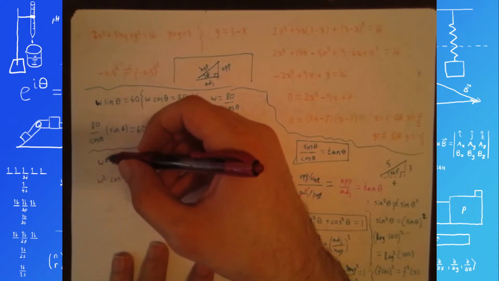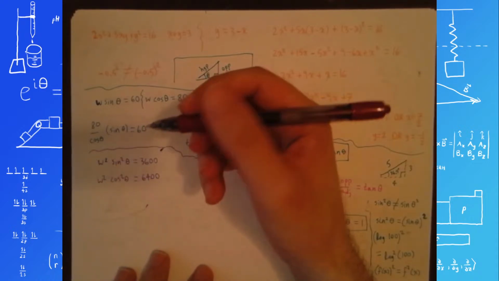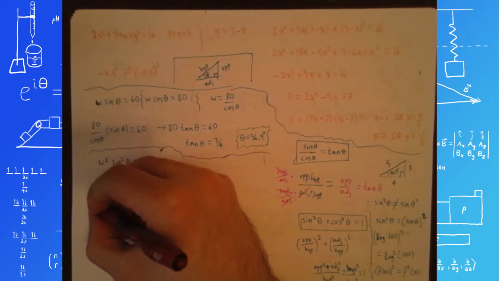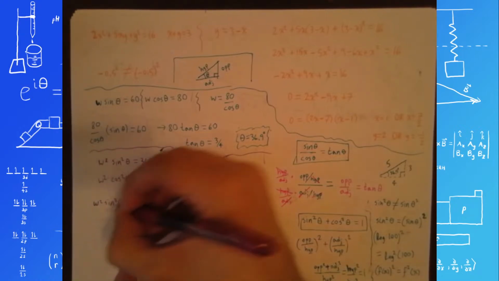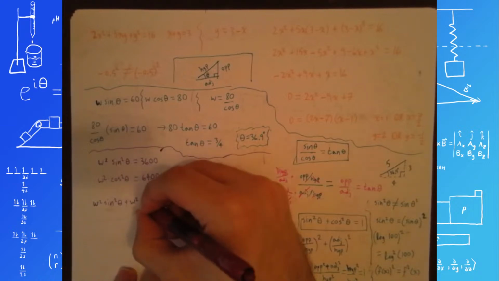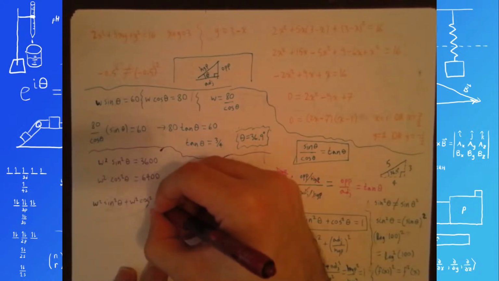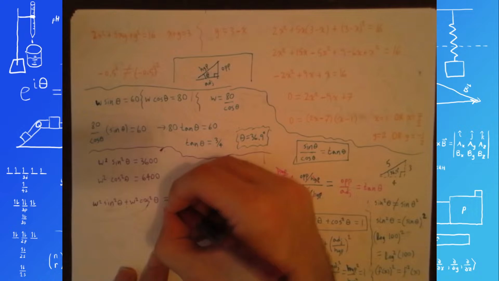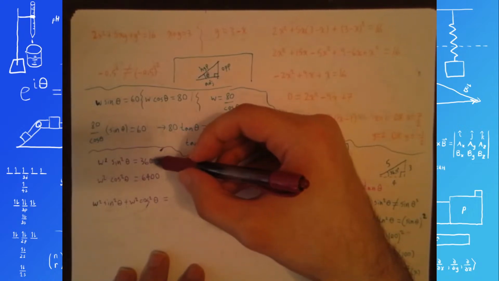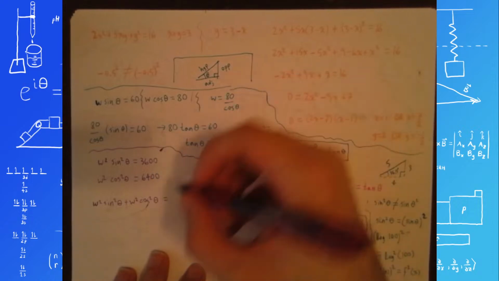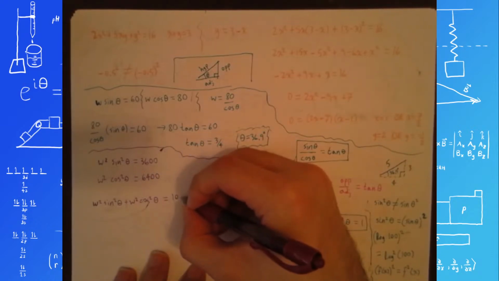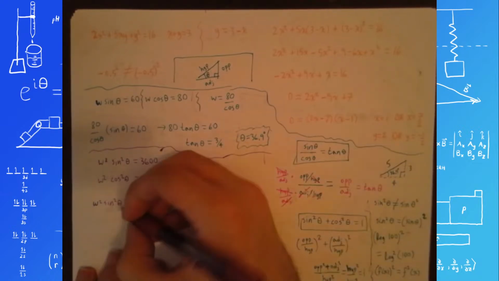So if I go w squared sine squared plus w squared cosine squared, then 3600 plus 6400 is 10,000, which is also 100 squared.